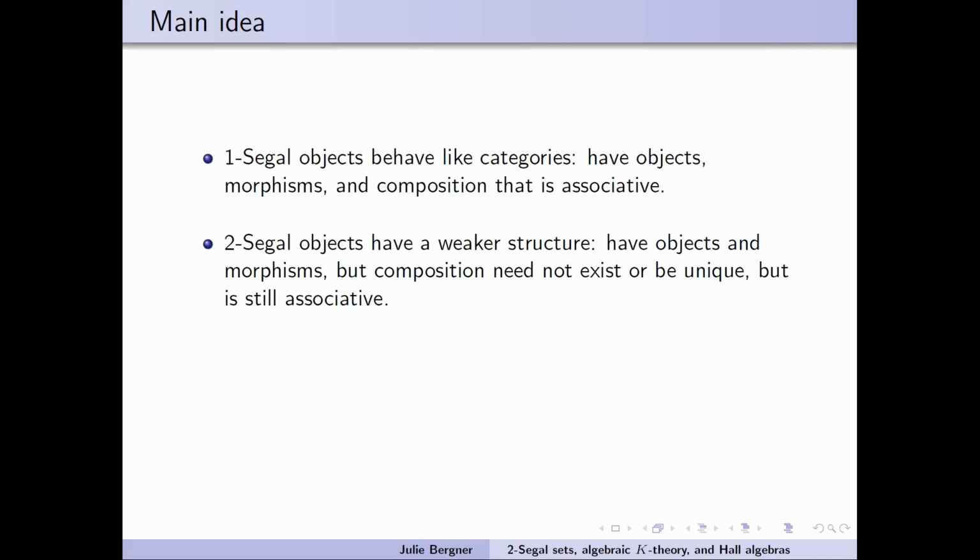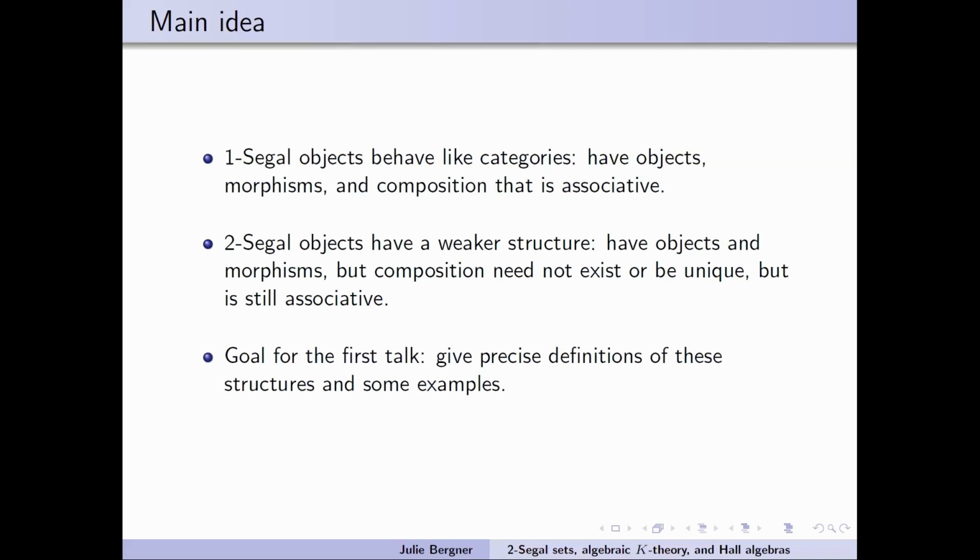These are still going to have objects and morphisms, but now composition may not always exist. When it does exist, it may not be unique. But in a sensible way, it is still associative. And it also ends up to still be unital. I'm not going to focus so much on unitality here. So in particular, if you saw the two and you were thinking this was two-categorical, that's not the direction that this is. So, sorry, it's disappointing.